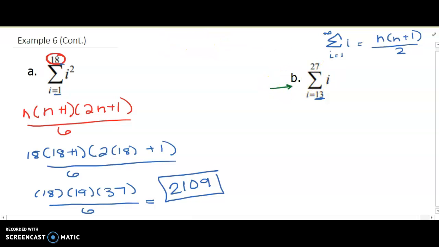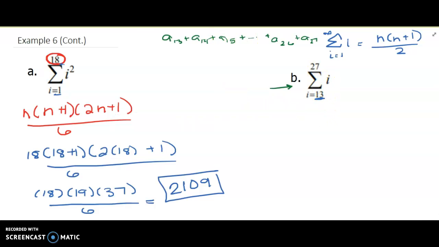What this represents is A13 plus A14 plus A15 plus ... plus A26 plus A27. So basically if I find the sum from 1 to 27, and then I subtract A1 through A12, that would give me term 13 through term 27.